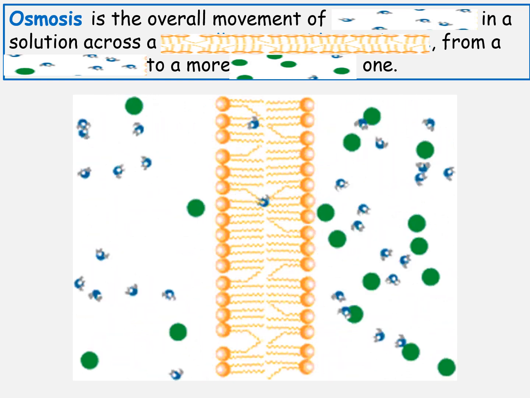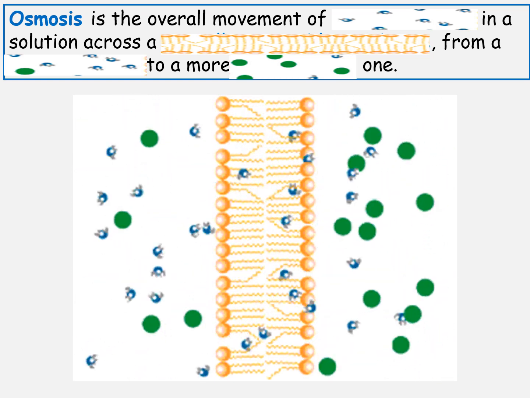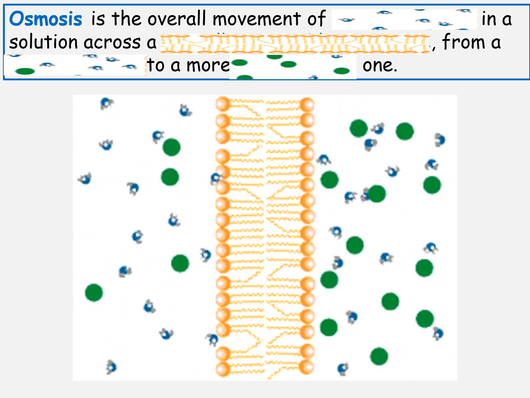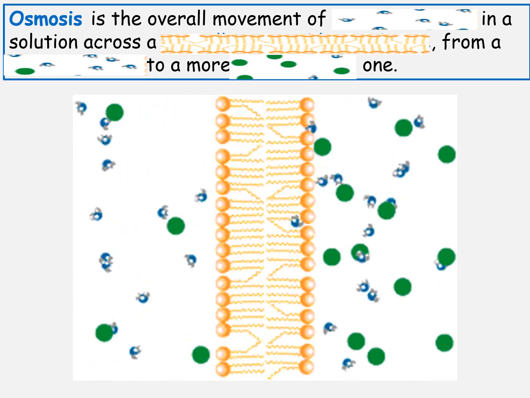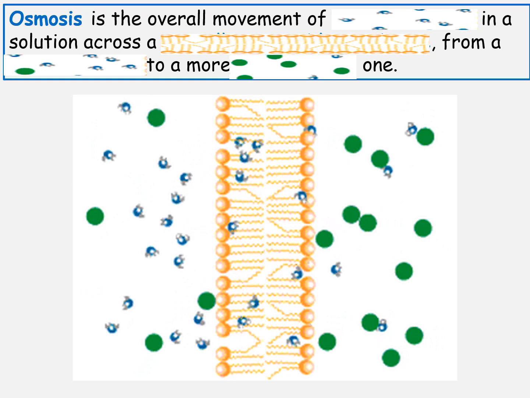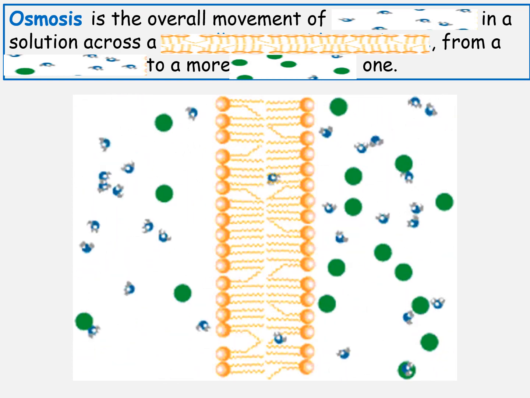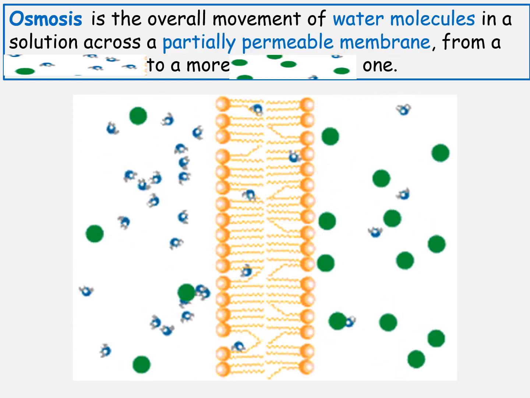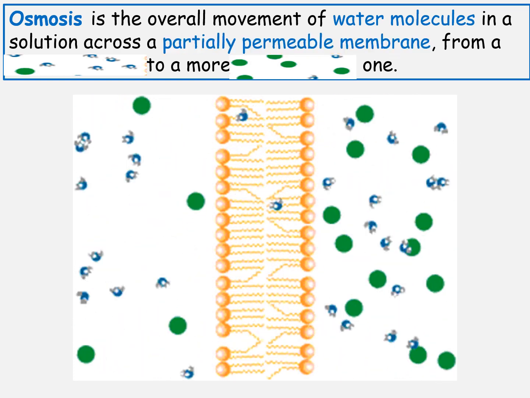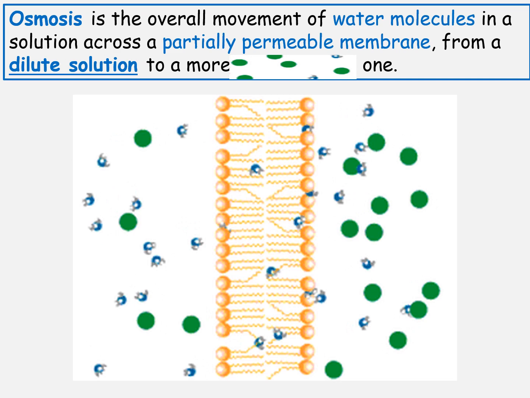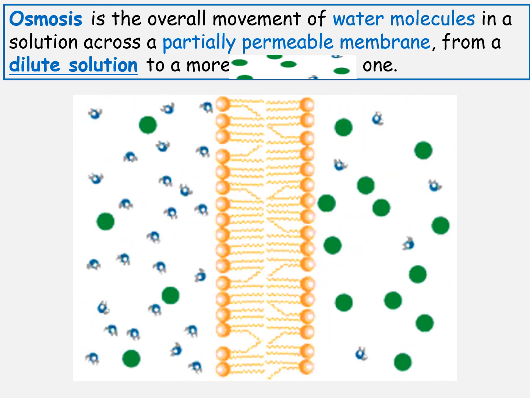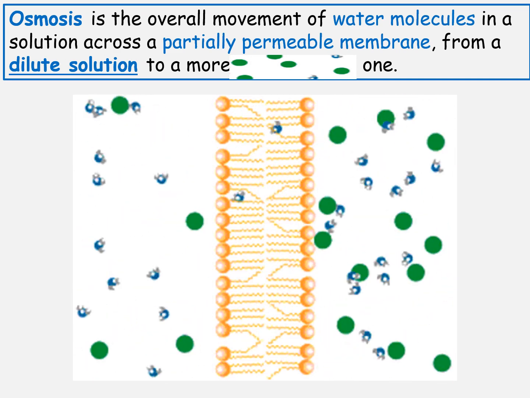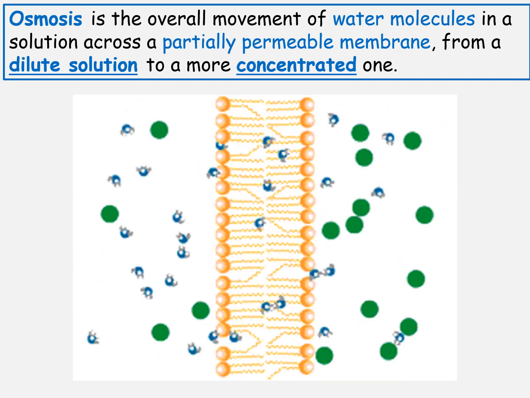And those water molecules move across a semi-permeable or partially permeable membrane, like a cell membrane. So osmosis is the movement of water particles in solution across a partially permeable membrane, and they move from a dilute solution, so that's a really watery solution, to a more concentrated one.